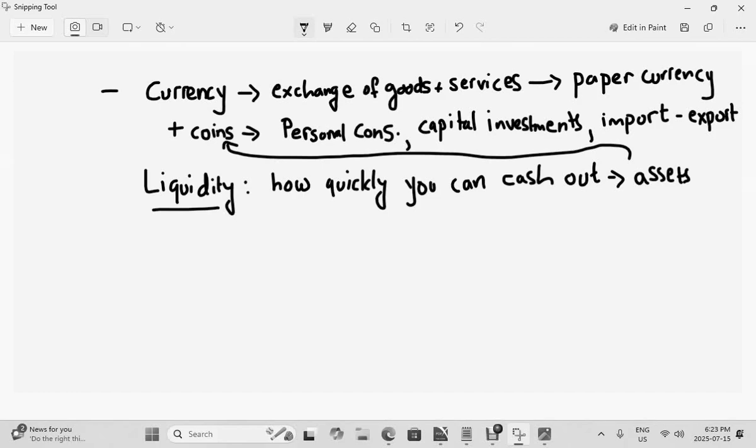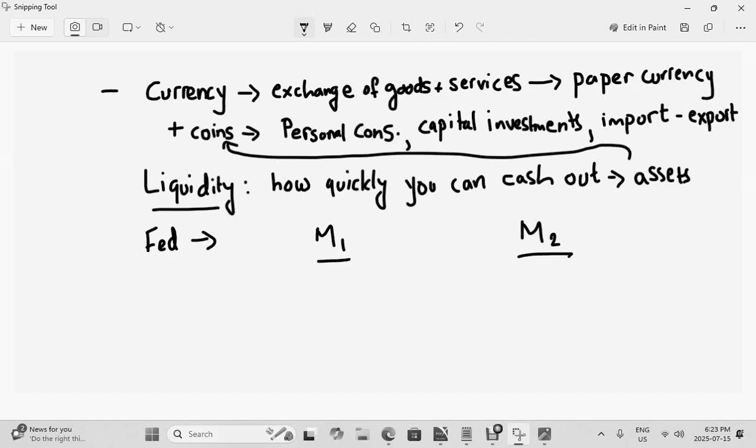So the Federal Reserve Bank, or the Fed, looks at liquidity when it comes to money, and that's the reason why they have money categorized in two categories: M1 and M2.